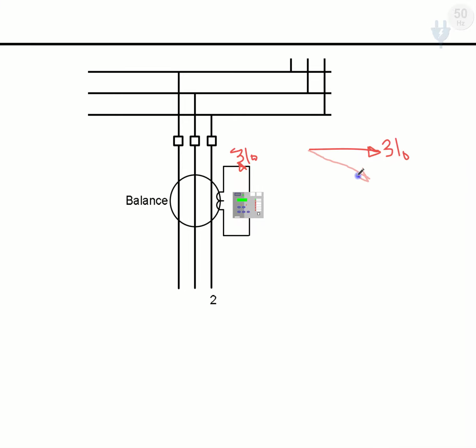It's a very minor angle, but I draw it a little higher for clarification and visualization. This is our measured 3I0 value here.